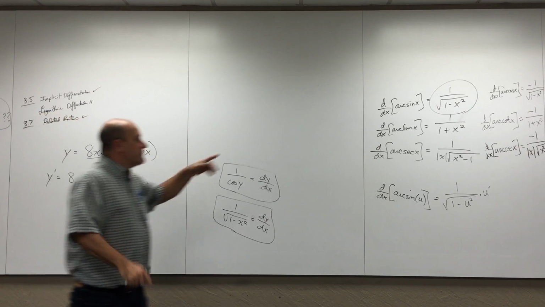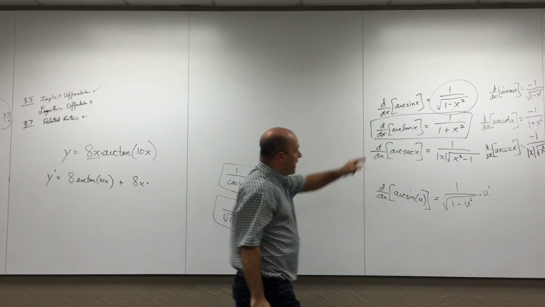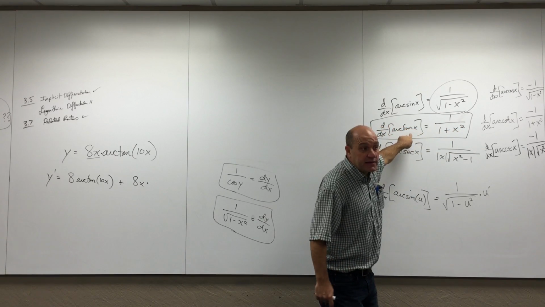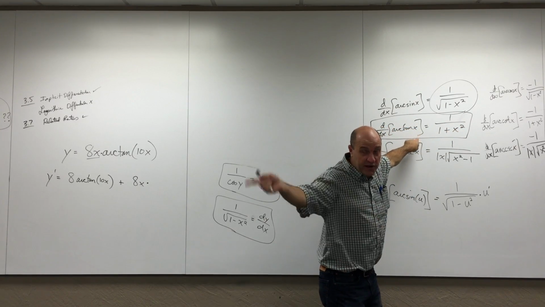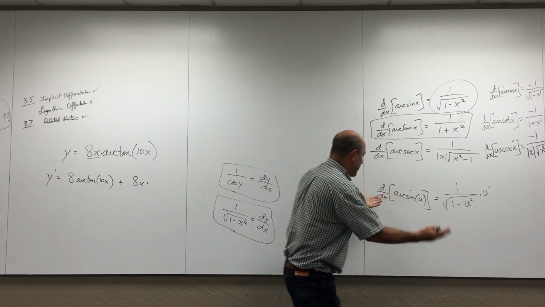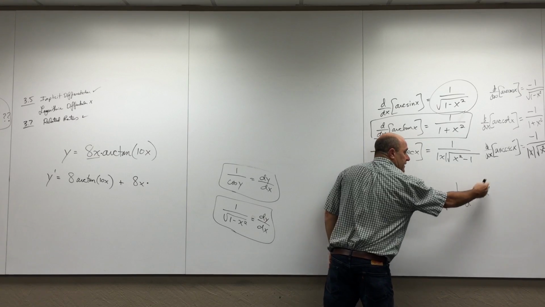How do you do the derivative of arctangent? When it's an x, you put an x in there and you square it. What if it's a 10x? You put a 10x in there and square it. If it's a u, you put your u in there and square it.